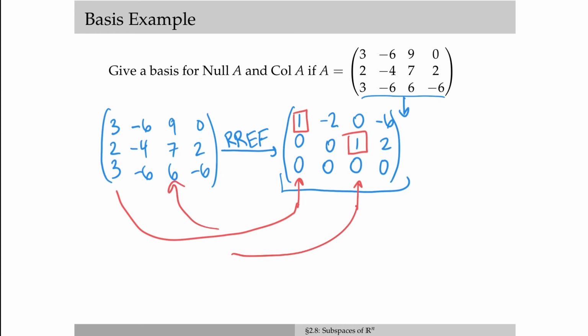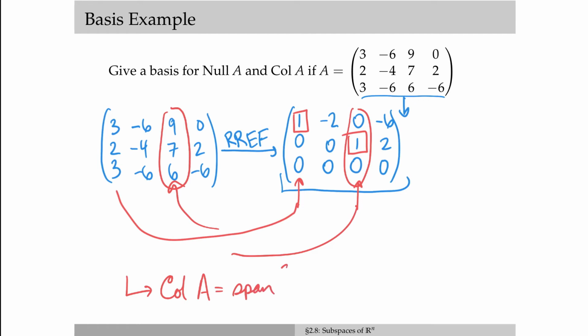And so this pivot column, corresponding to this column of the matrix A, allows me to say that the column space of A is the span of column 1, which is 3, 2, 3, and column 3, which is 9, 7, 6.